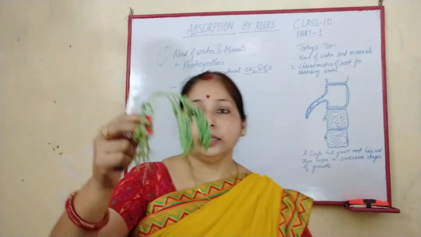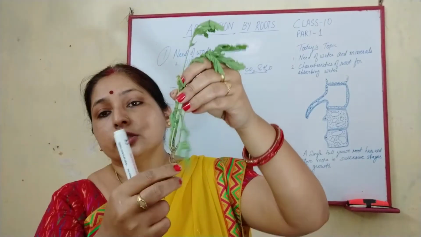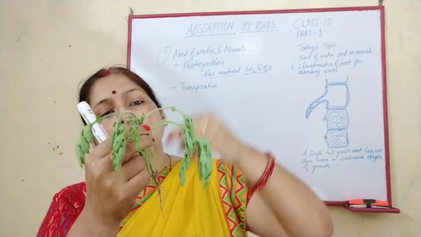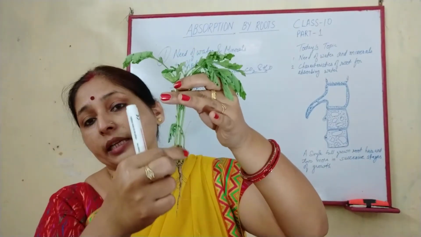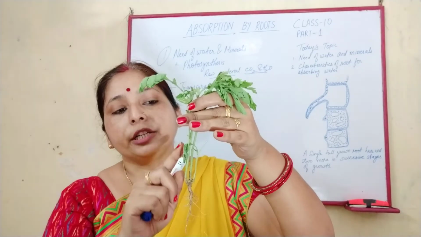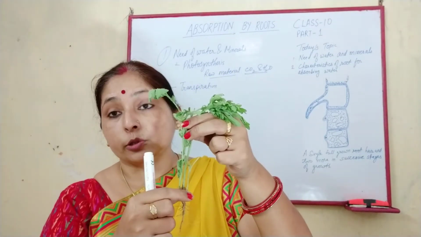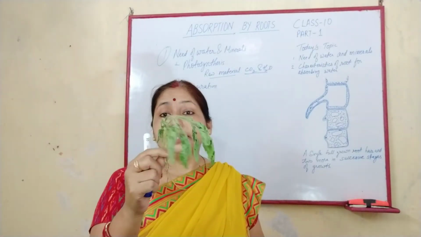Number one, this one, as you can see, this is the root of the plant and the leaves of the plant. All the leaves are green and the stem is even green in this plant. So the evaporation process continues from the green part of the stem also. In this plant, you can see the leaves are wilted.